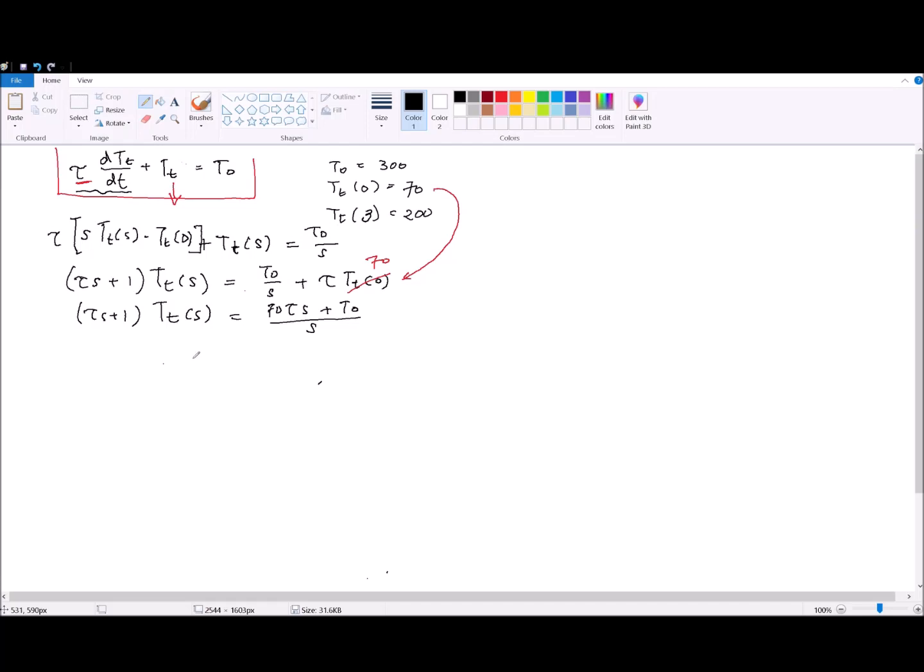And then I will solve it for the function itself, T sub t of s. This will become 70 tau s plus T naught over s tau s plus 1.